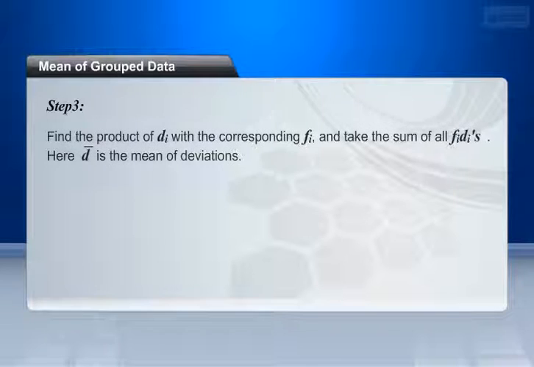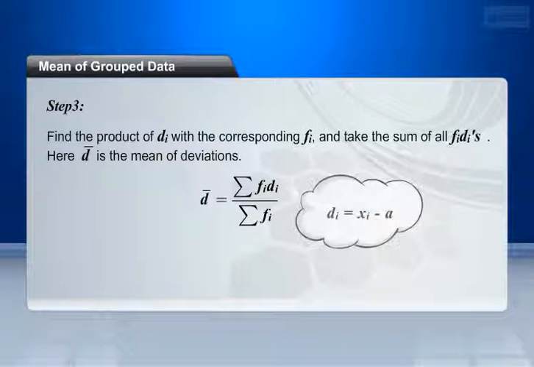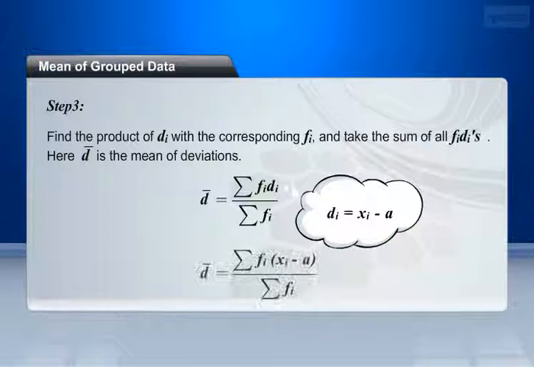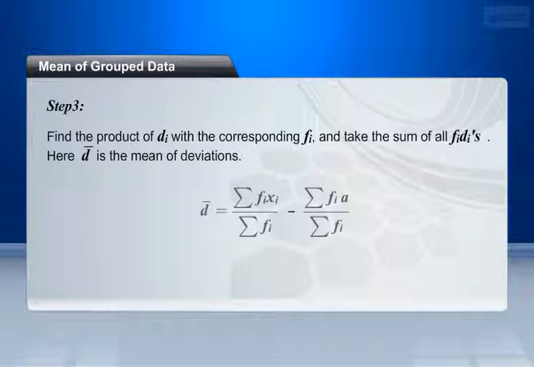Step 3. Find the product of di with the corresponding fi, and take the sum of all fi di. Here d bar is the mean of deviations, that is, d bar equals sigma fi di by sigma fi, where di equals xi minus a. This implies that d bar equals sigma fi into xi minus a by sigma fi. This implies that d bar equals sigma fi xi by sigma fi minus sigma fi a by sigma fi.